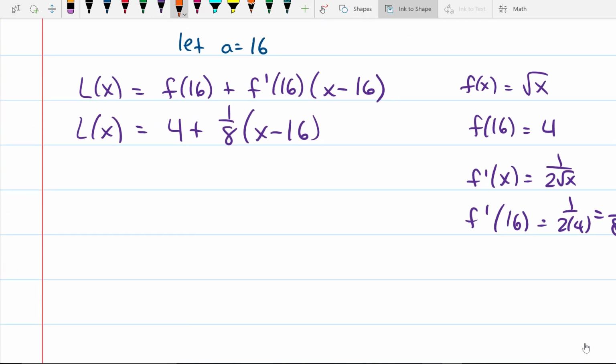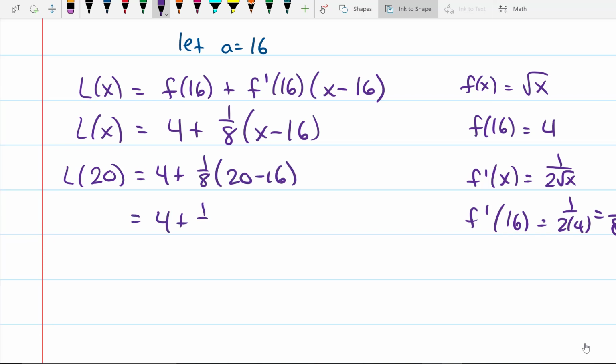Now all we want to do is go ahead and plug in 20. L of 20 is equal to 4 plus 1/8 times 20 minus 16. 4 plus 1/8 times 4, which is 4 plus 1/2, which equals 4.5.